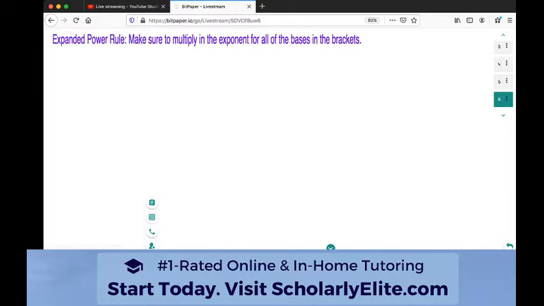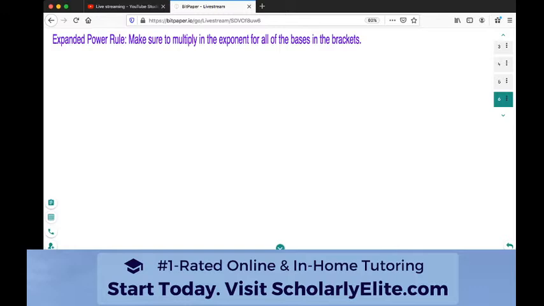So in the expanded power rule, because like I said, these get pretty crazy, it's really important that we understand the core fundamental values here.